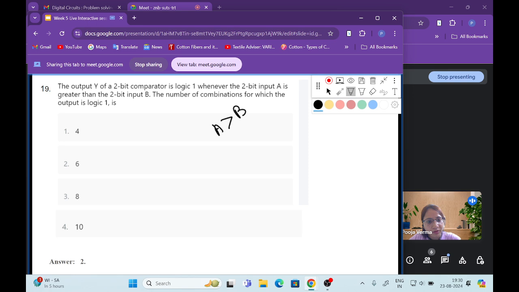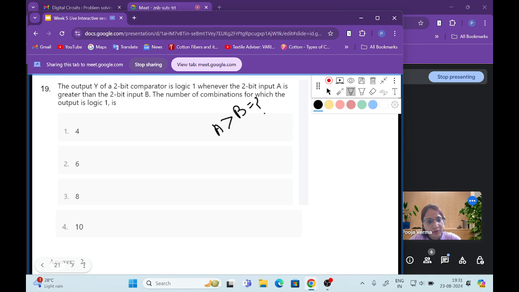The number of combinations for which the output is logic 1. So we have to find out the total number of combinations where A is greater than B. So already in the previous case we have solved this. So we need to find out total number of comparisons where A is greater than B.